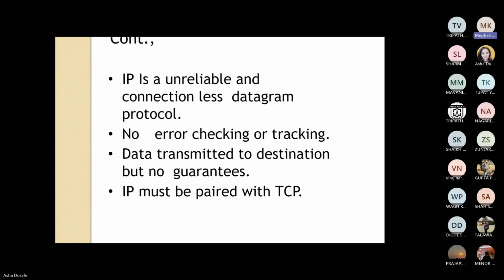So we call TCP a reliable and connection oriented protocol. IP must be paired with TCP. Fine. So this is a very important statement here. IP should be paired with TCP so that it becomes a connection oriented reliable protocol.